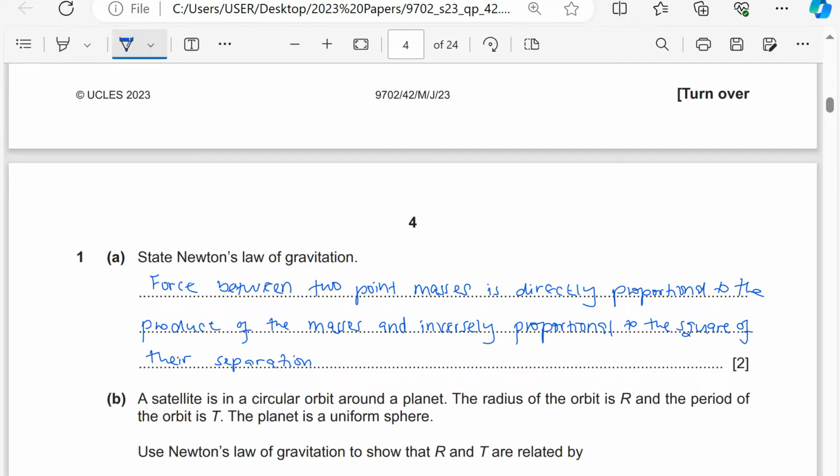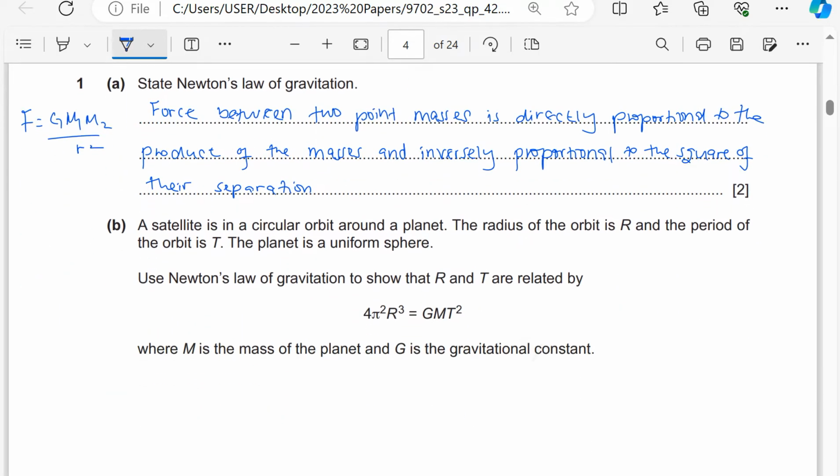So if you know Newton's law of gravitation, F is equal to G m1 m2 over r squared, product of the masses and the square of their separation.